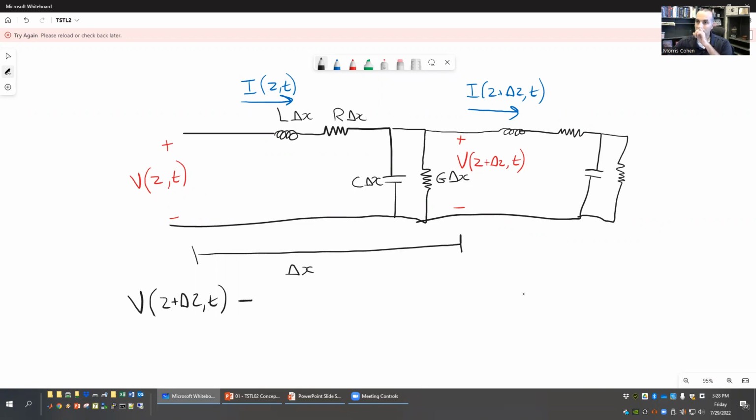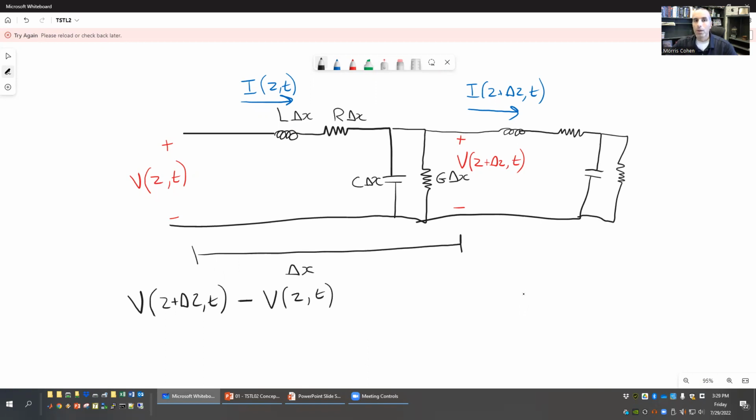We can apply basically Kirchhoff's voltage law to tell us that we can say something about V of Z plus delta Z minus V of Z at time t, right? Let's say that there's no voltage across the inductor and there's no voltage across the resistor.